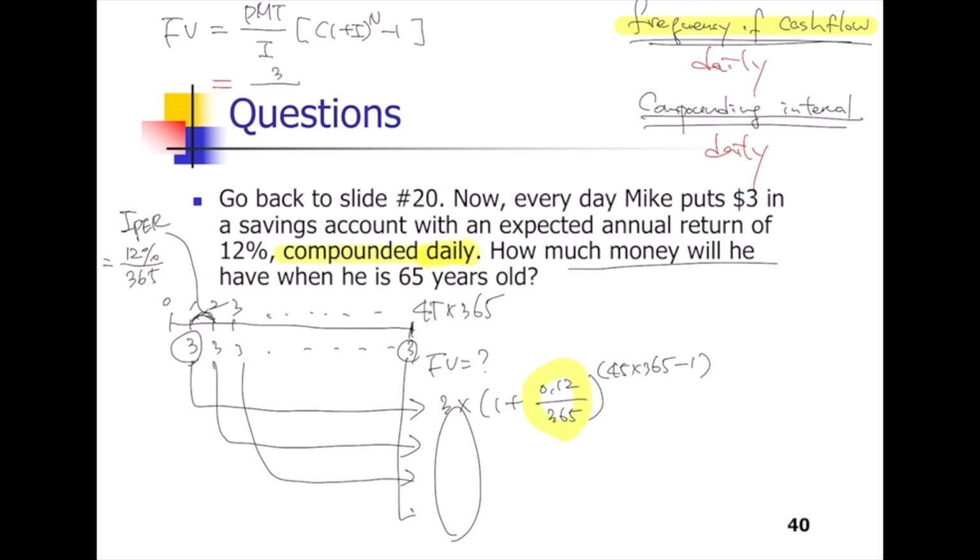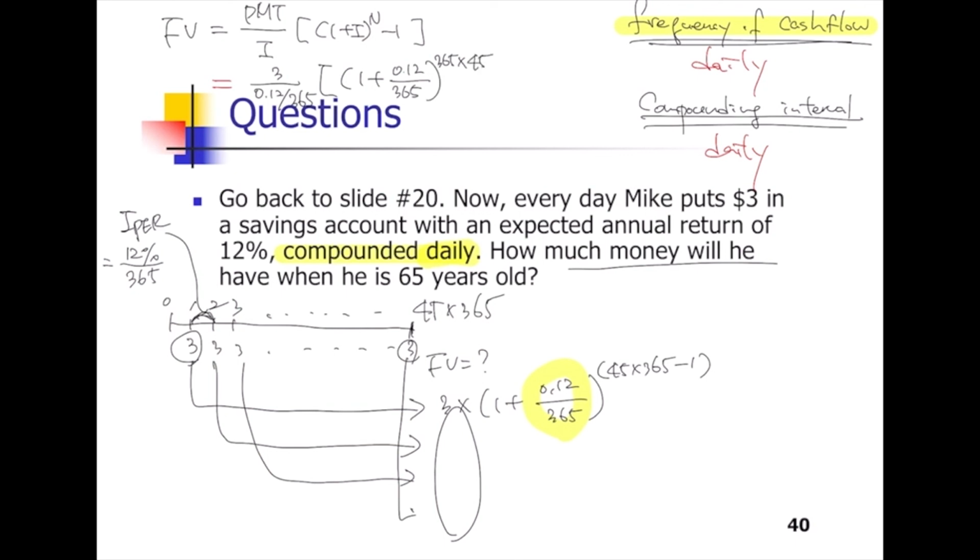The period rate is 0.12 divided by 365, and the I is the same, right? 0.12 over 365. And what is n? 365 multiplied by 45 or 44? 45.